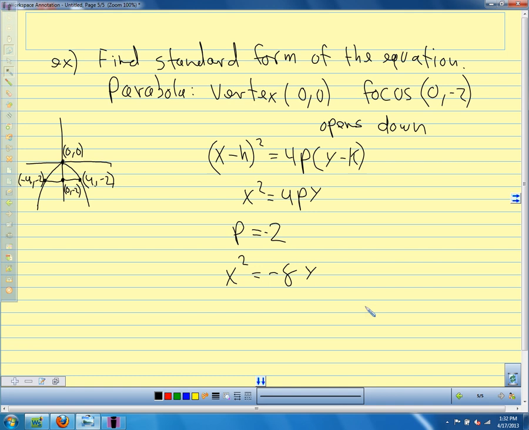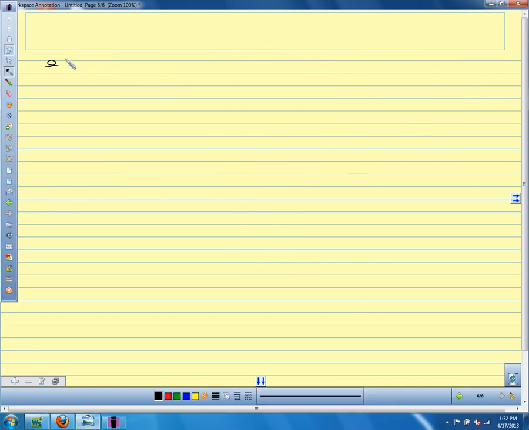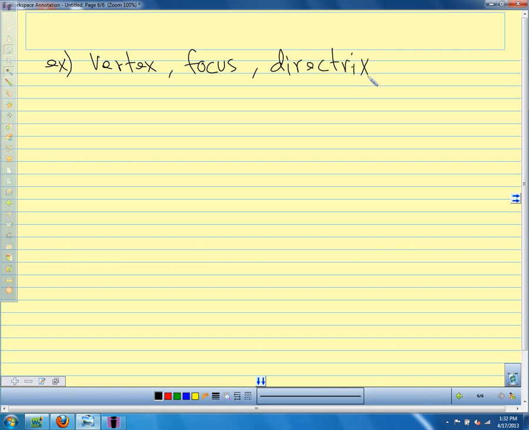All right, let's look at another example where we have to do a little more work. We want the vertex, the focus, and the directrix of the parabola given by this equation.